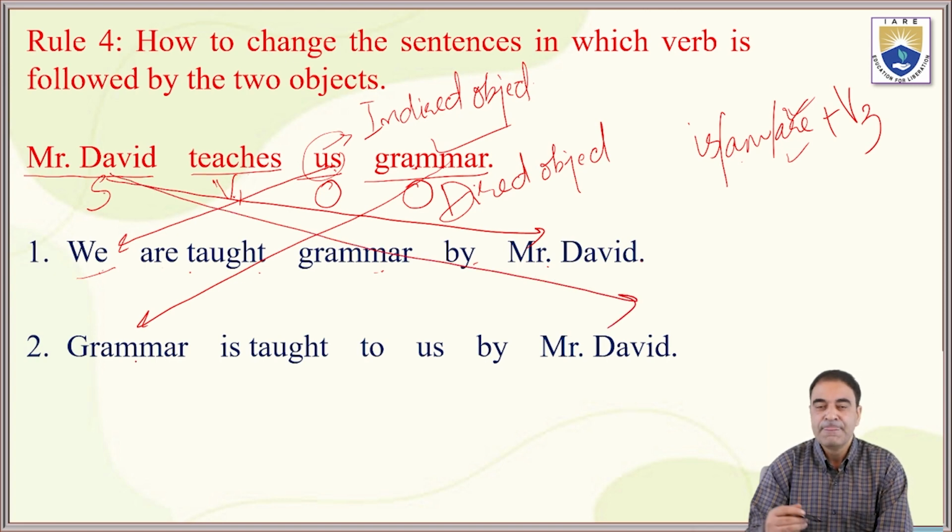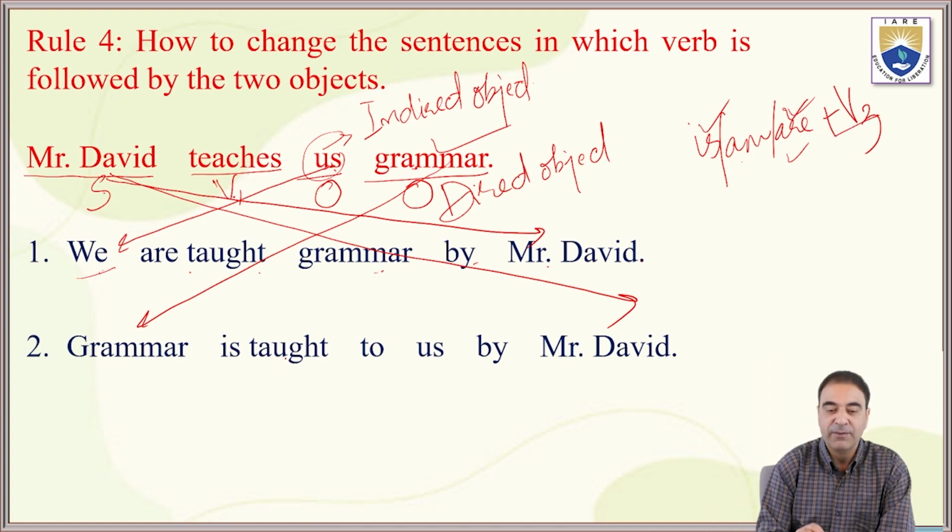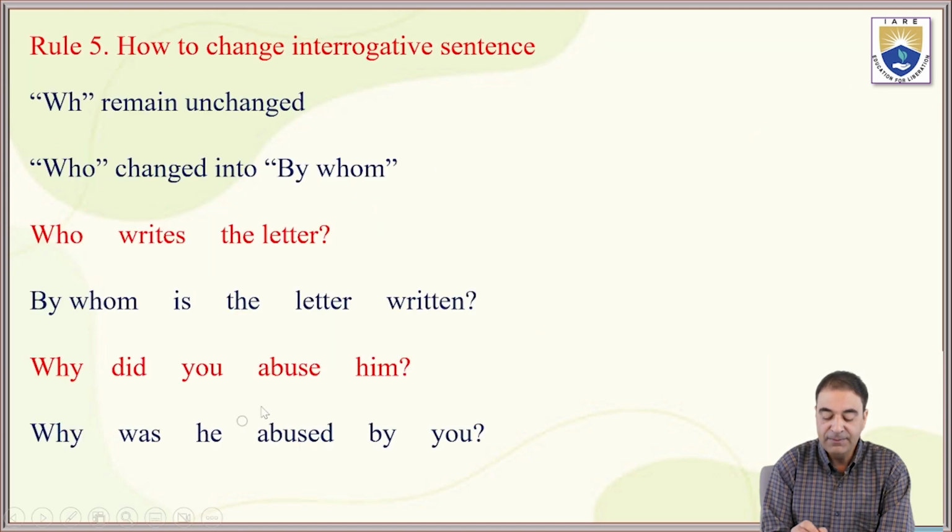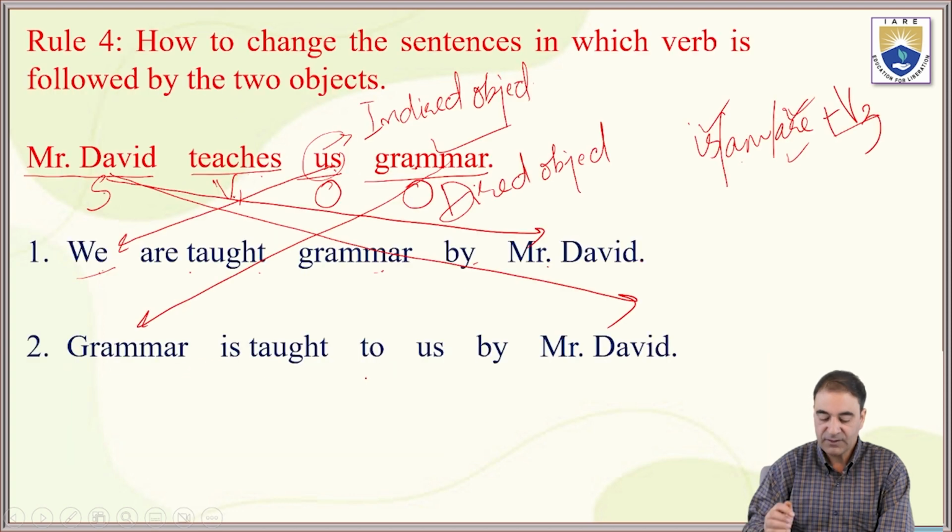Now "grammar" is singular. Therefore, with grammar we use "is". "Grammar is" must be followed by verb in third form. Here we have verb in third form. "Teach", its third form is "taught". Then we have to introduce the "to" phrase.